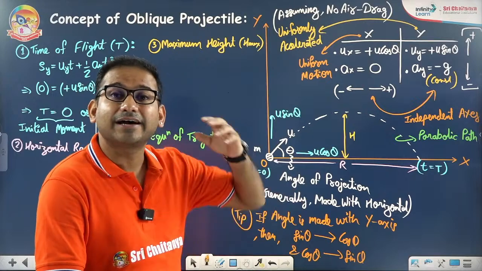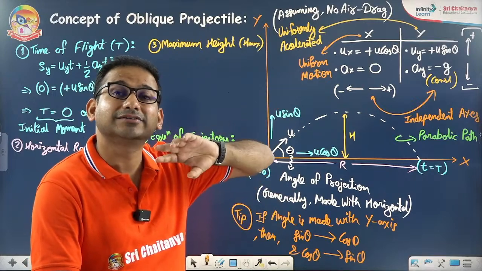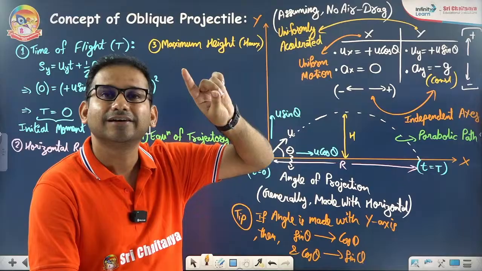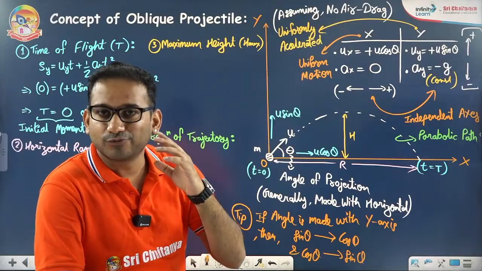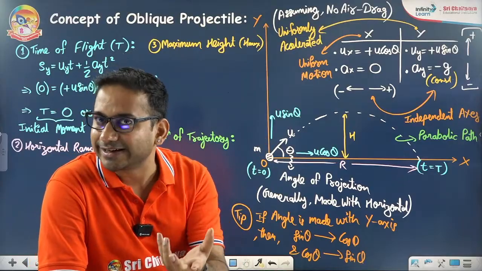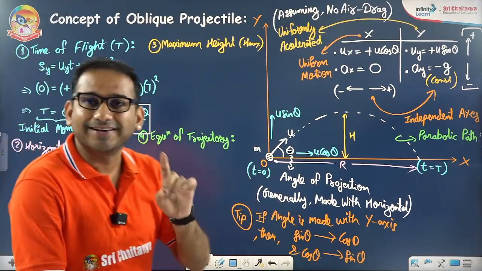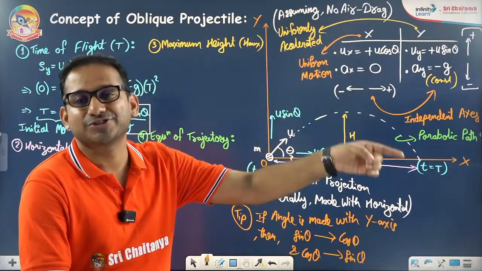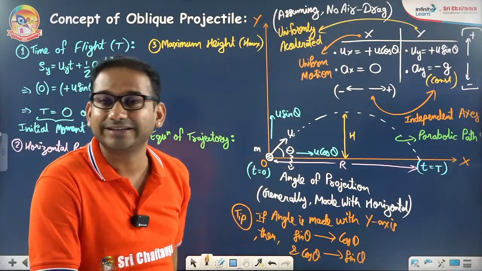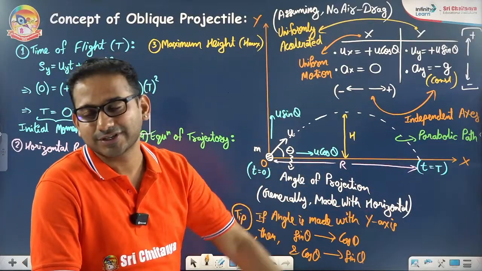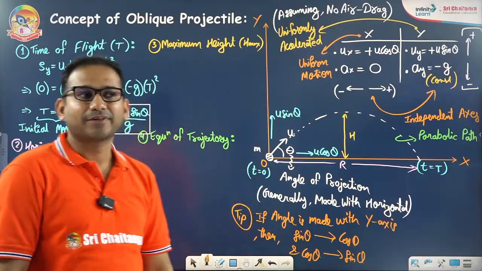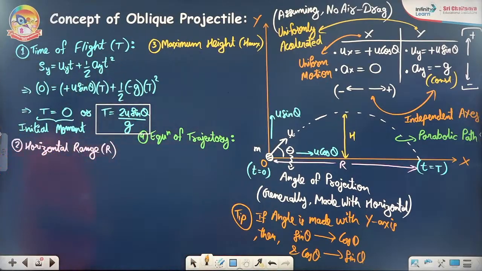But if they say the ball is thrown making an angle of 30 degrees with the vertical, then you take 30 degrees as theta, and in all the formulas we are going to discuss here, sine must be changed into cos, then put the value of theta, or cos changed into sine, then put the value of theta. I hope that's clear.